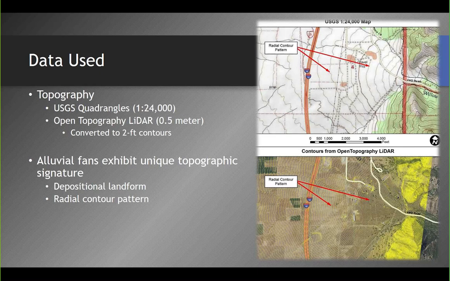This is one way to help identify an alluvial fan. The bottom picture is the same location, using the Open Topography contours that we built from the LiDAR. Again, you can still see that radial contour pattern. That's a pretty important thing to help identify these landforms.